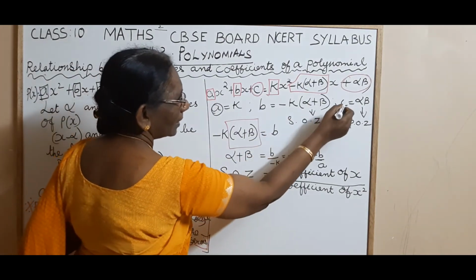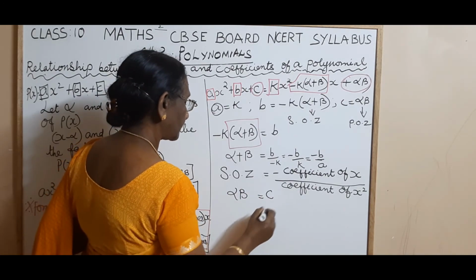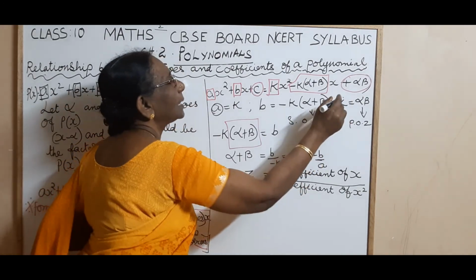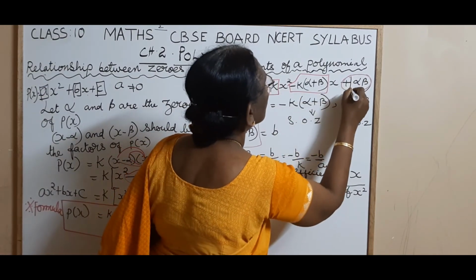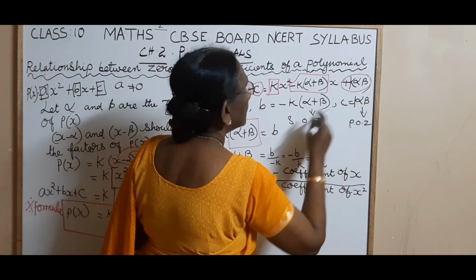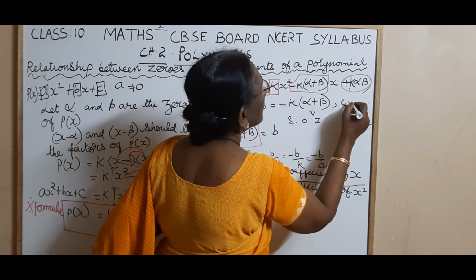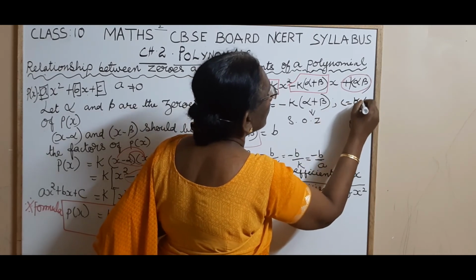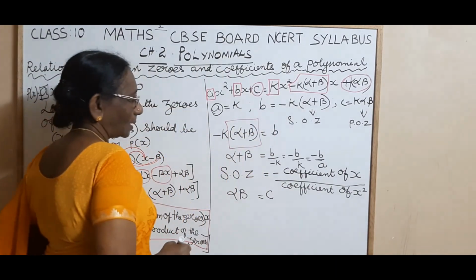The same way, let us take the other one. Alpha beta is equal to c. Not c, k into alpha beta. Here also you have to write the k. I have missed the k. So c is equal to k alpha beta. Okay, children.